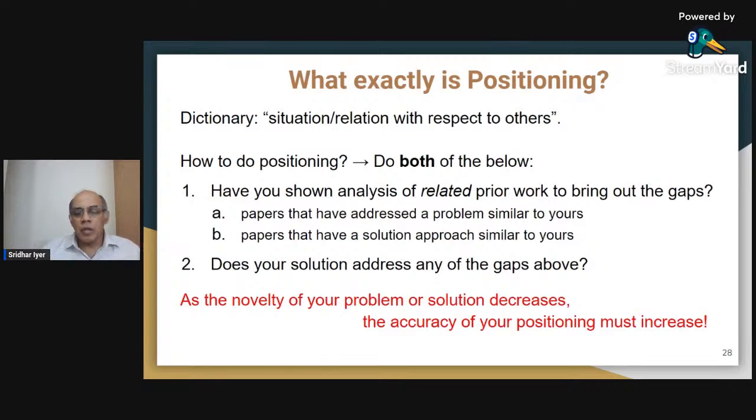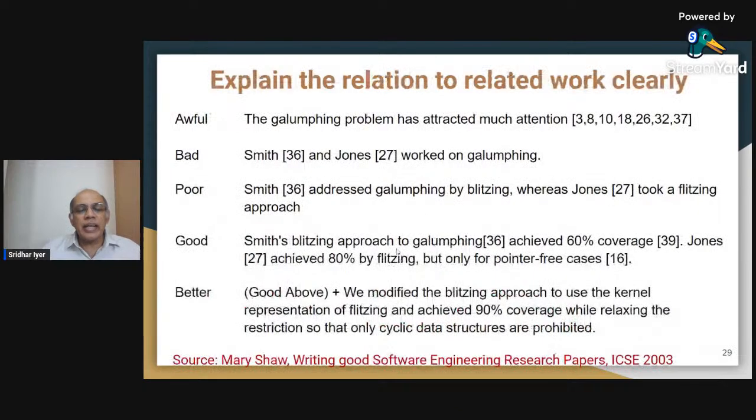Okay. So now there is a slide. I'm not going to go through this slide. This is a very classic reference, a 20-year-old reference by Mary Shaw, and the title of the paper is "Writing Good Software Engineering Research Papers." What she has done is give examples of an awful way of explaining the relation of your work to related work, and a good way and a better way of explaining the relation.